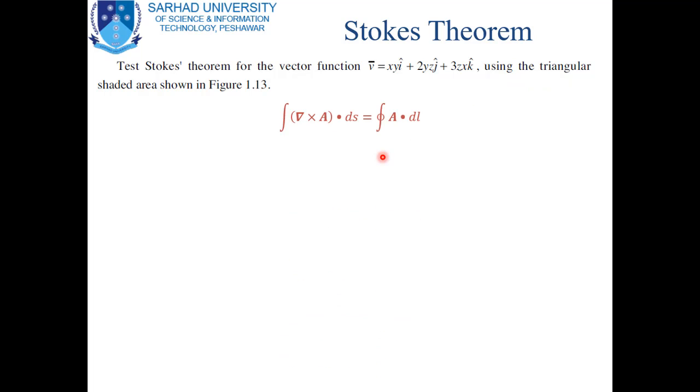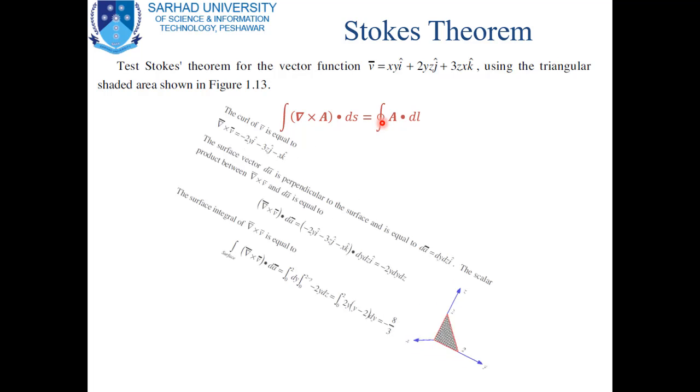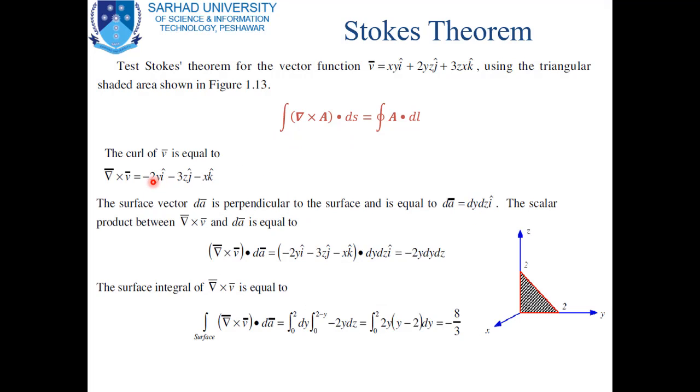As we know, the Stokes theorem relates a surface integral of a curl over an open surface to a line integral of the same function over a closed loop, and we have to calculate the curl of the given function first. So the curl in Cartesian coordinates, we will obtain that the curl of the given function is equal to minus 2y i cap minus 3z j cap minus x k cap.